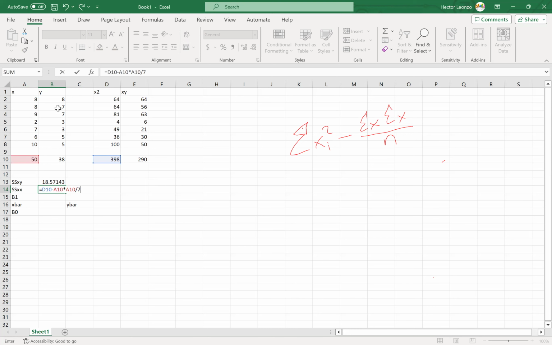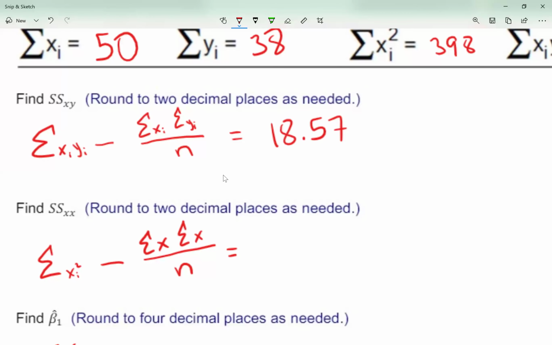Remember, the 7 is because there's 7 values on each column. So my n equals 7. Good, I press enter. 40.85714. I have to round it to 2 decimal places. I'm going to call this 40.86. So good, I have this second value, 40.86.